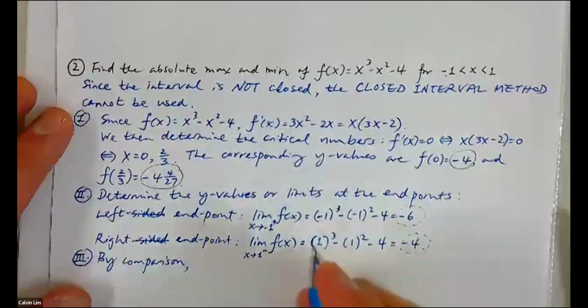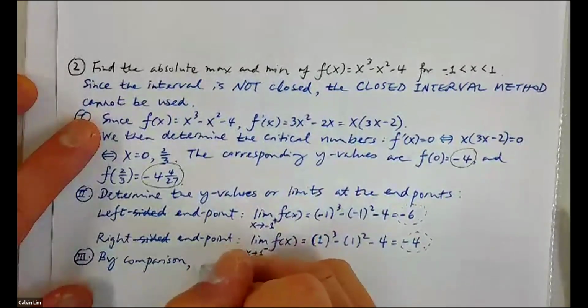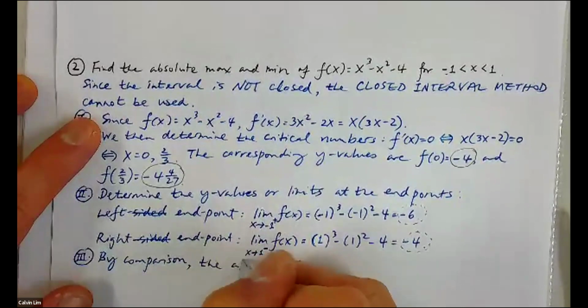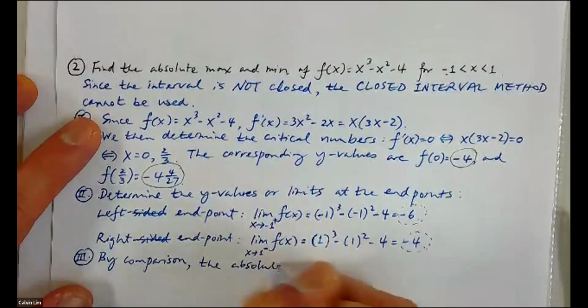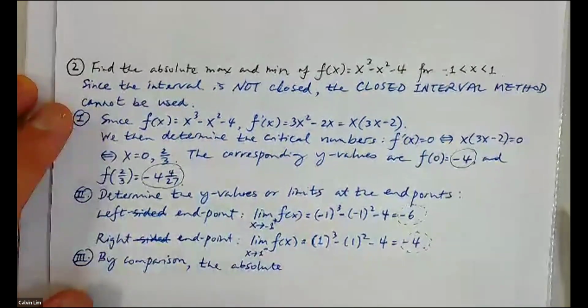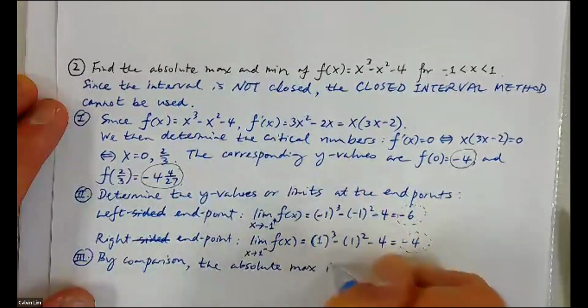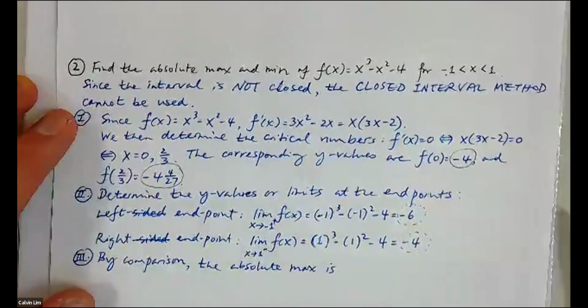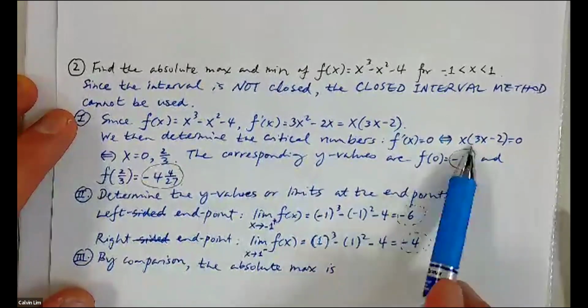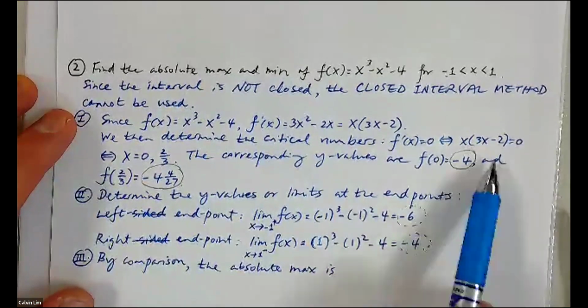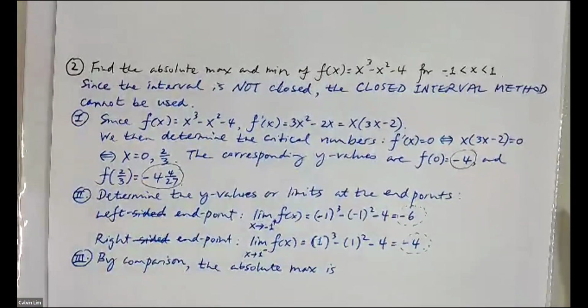So is there an absolute max? Meaning, is there a largest y value that is a solid point? Which one is the largest value? Well, -4, right? Two of them. So does that mean the absolute max happens at both points?